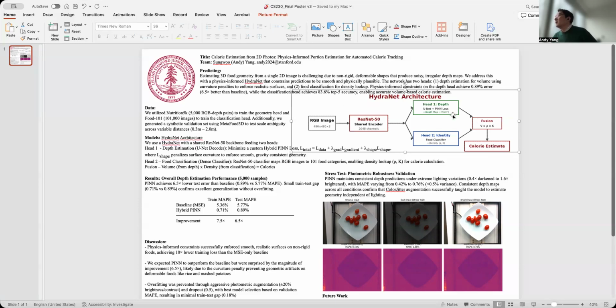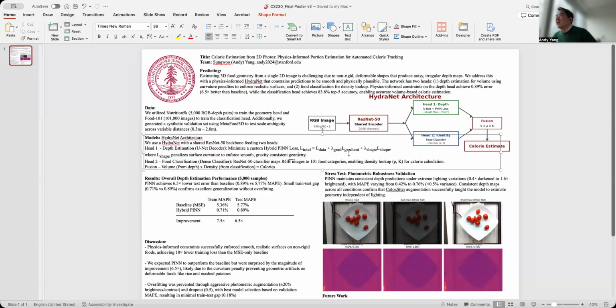This project is focusing on the depth estimations. The base case is the loss function using the mean square error loss, and the improvement is by adding the physics-informed neural network constraint, so it's called PINN constraint, that penalizes the surface curvature to enforce smooth and gravity-consistent geometry.